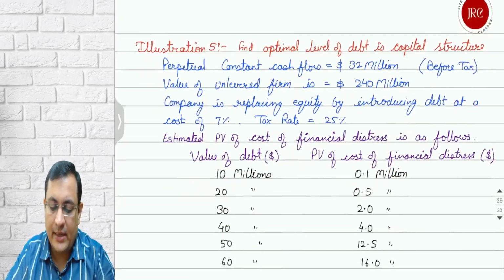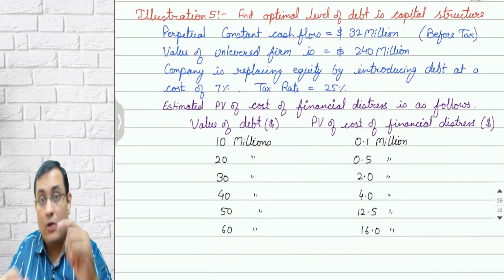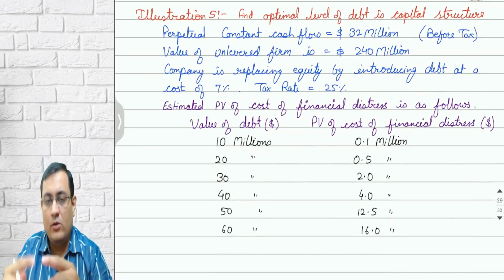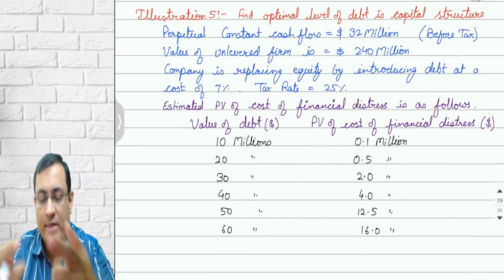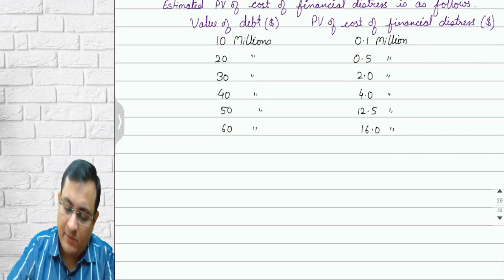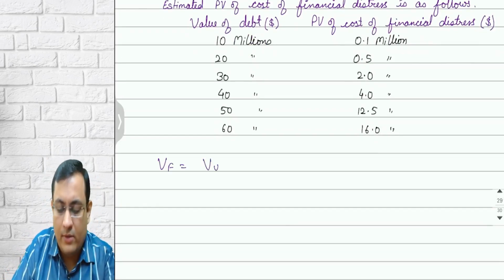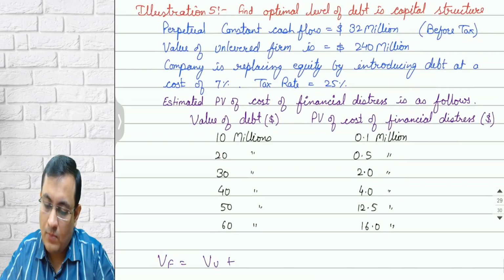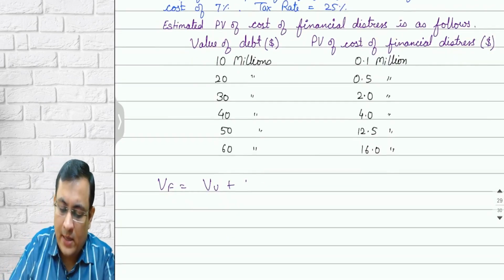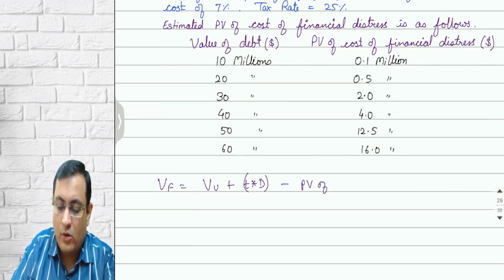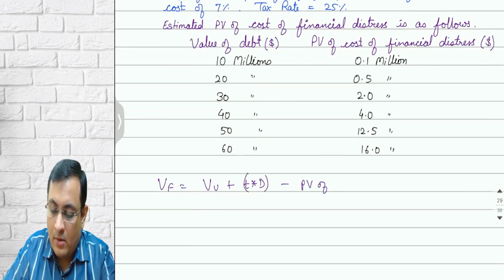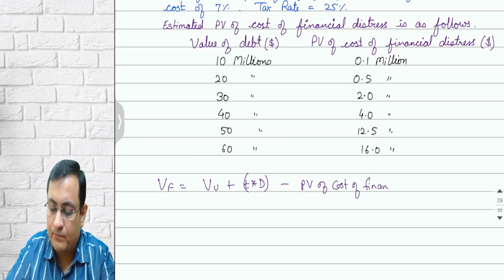What is this static trade-off theory going to say? Now we are going to introduce the present value of cost of financial distress also. So in this case, the value of firm will be equal to VU, the unlevered value, plus T into D minus present value of cost of financial distress.